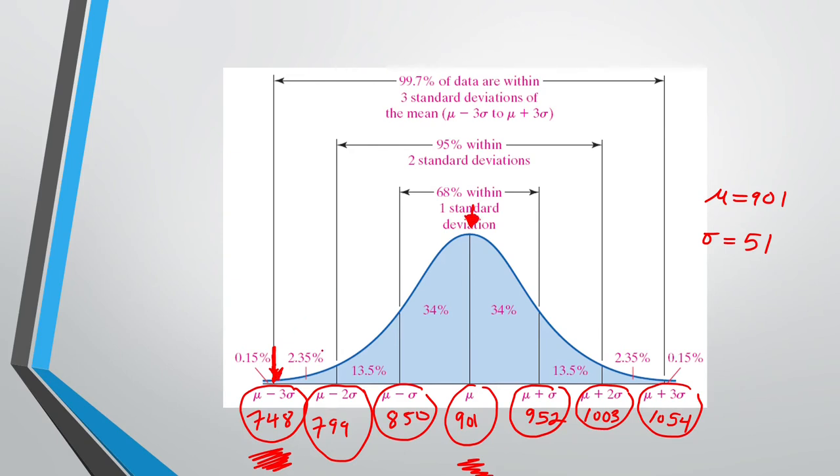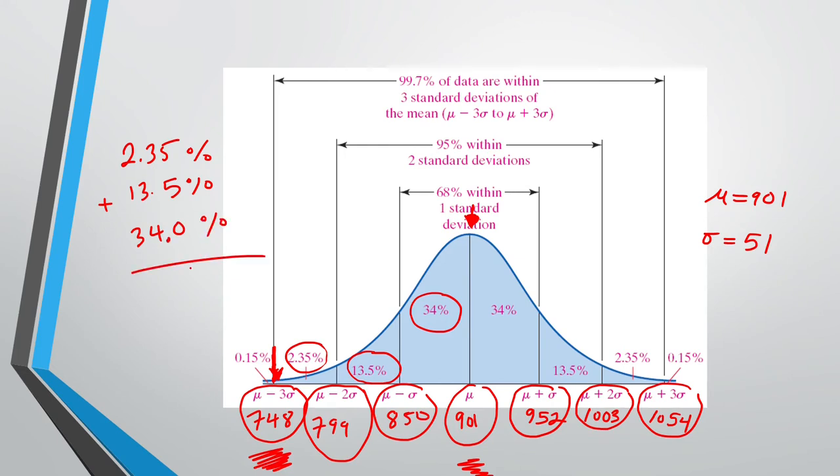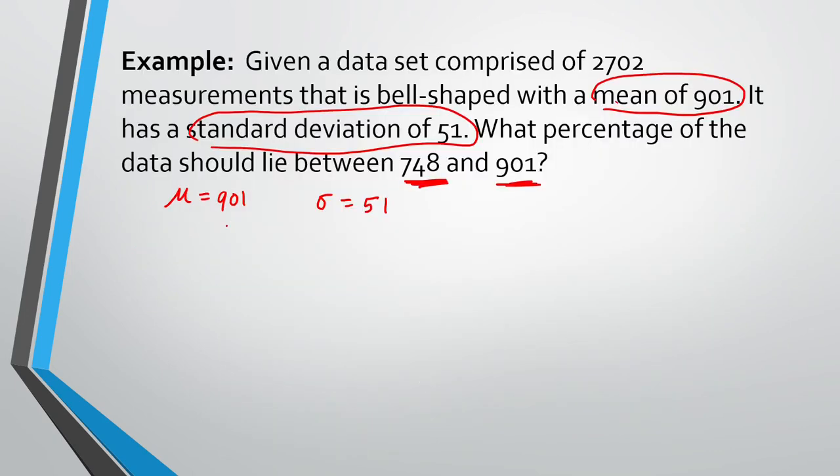So we'll take the percentages, 2.35% plus 13.5% plus the 34% to get our answer. And this adds up to 49.85%. Again, 49.85% of individuals scored between 748 and 901.